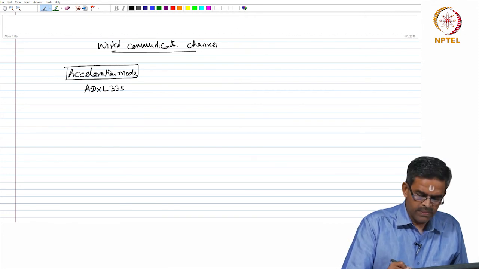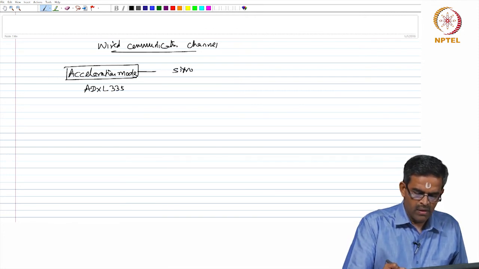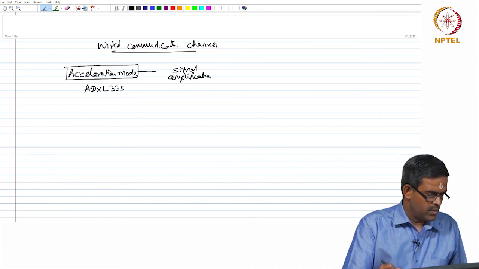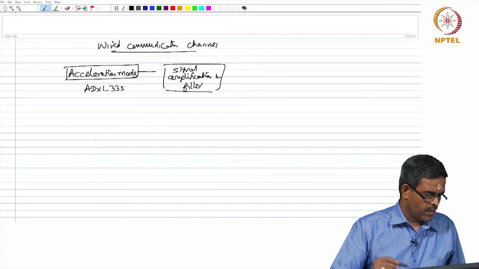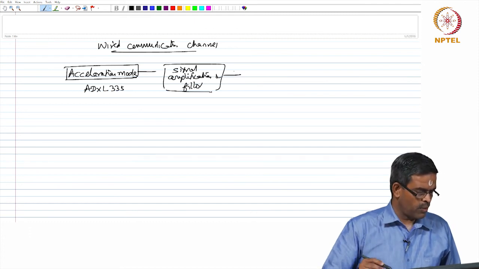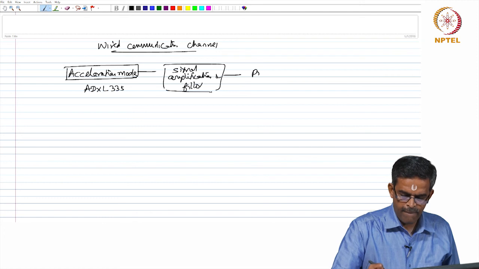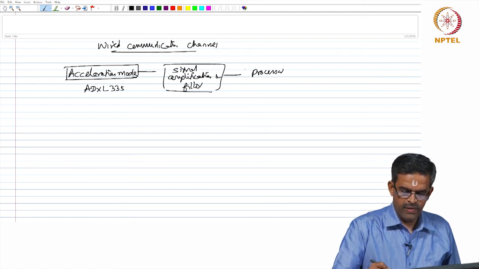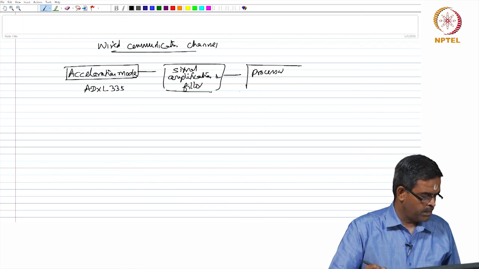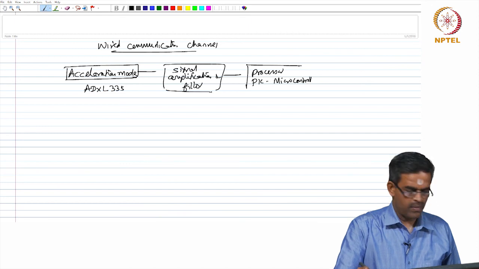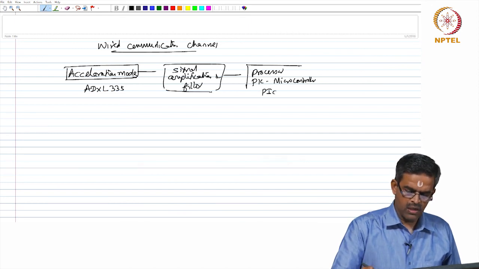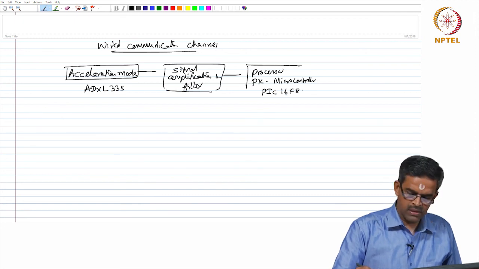It has a signal amplification and filter unit, which then takes it to the processor, which essentially is a PIC microcontroller, in this case PIC 16F877A.